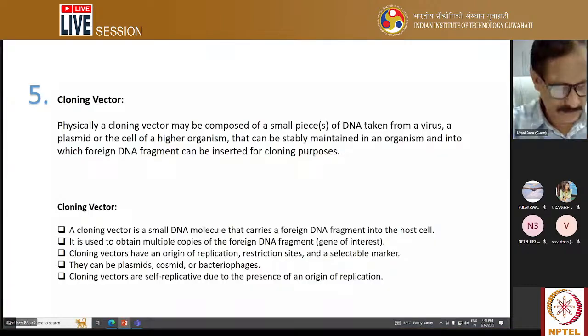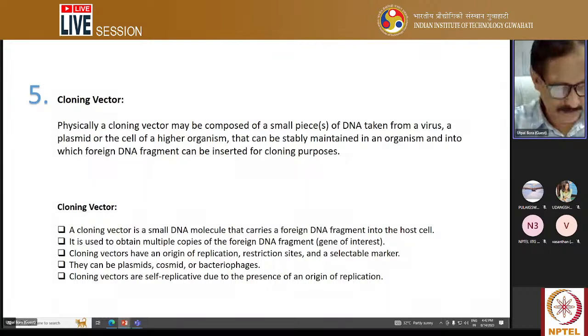Let me go to another question by Devangshi, who is again asking, do cloning, expression, and shuttle vectors come under plasmid, or is plasmid a cloning vector?